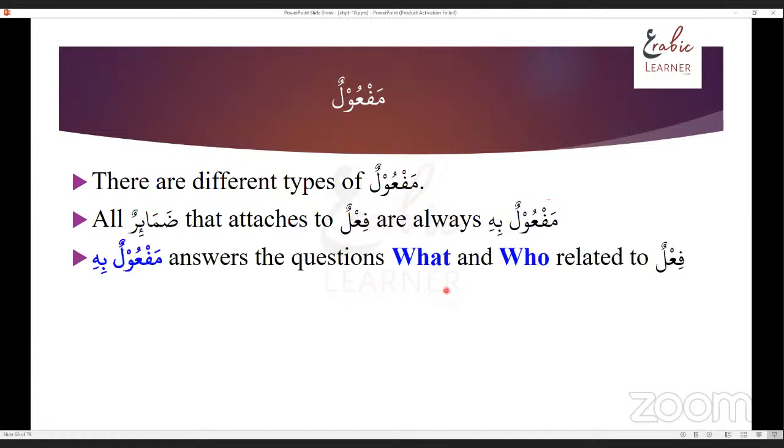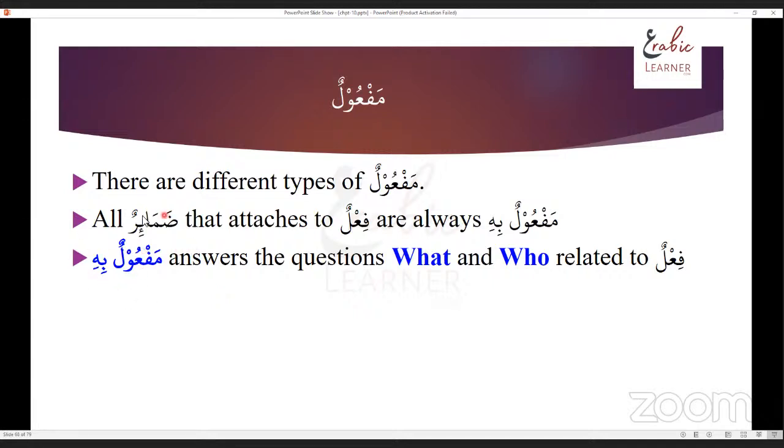Now maf'ul bihi normally answers the question of what and who. So when the fail is talking about something, if it answers the question of what or who, then that is maf'ul bihi.